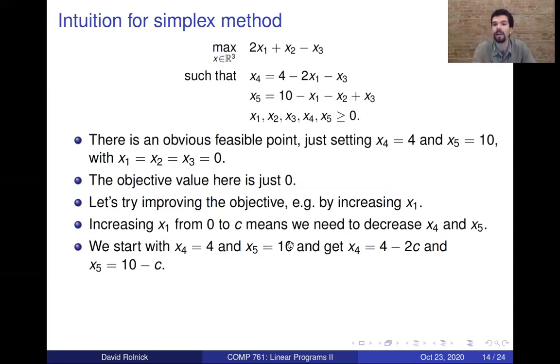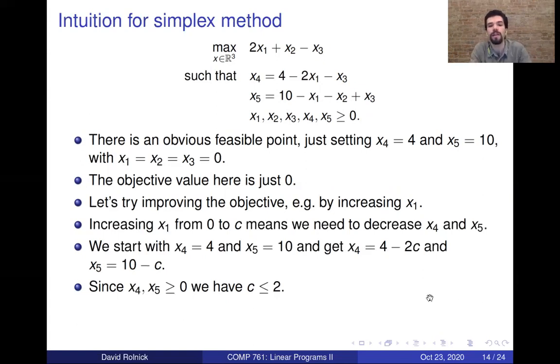So we have some sort of slack here. If we increase x1 to c, then we have x4 equal to 4 minus 2c, and x5 equal to 10 minus c. So we can increase x1 all the way up to 2 before x4 goes negative. OK.